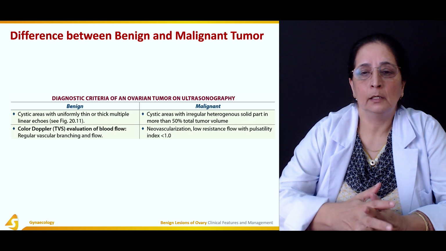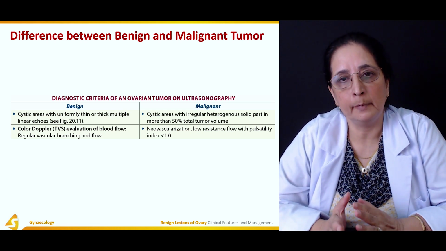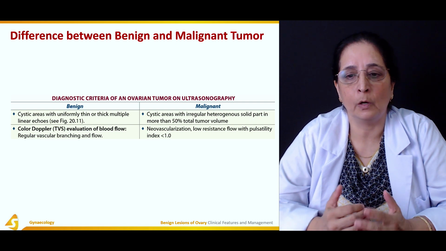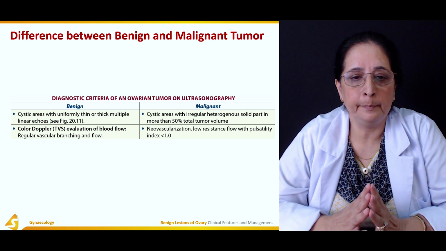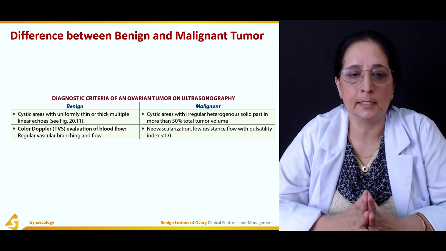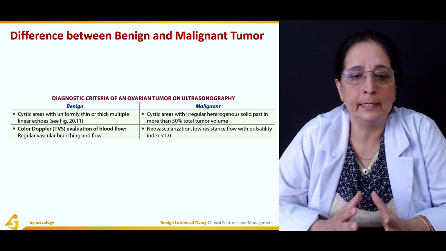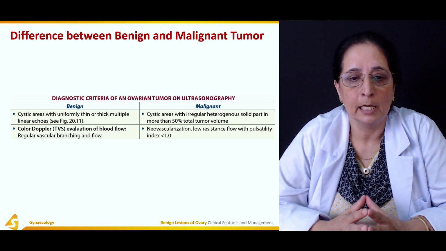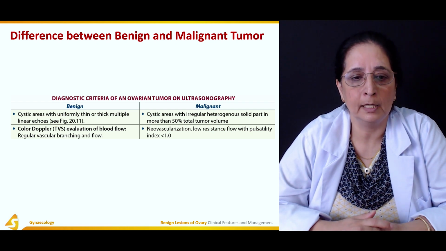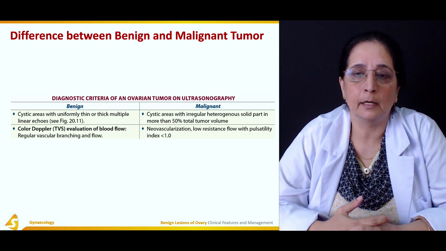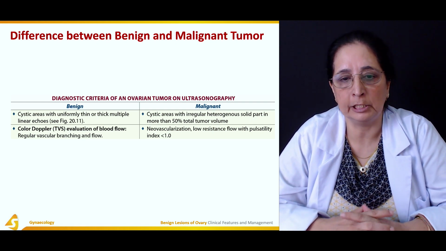Then the difference between benign and malignant tumor on ultrasonography. On ultrasonography, benign usually are cystic areas with thick or multiple linear echoes present, and on color transvaginal sonography, usually there is vascular branching and flow in the benign lesion.